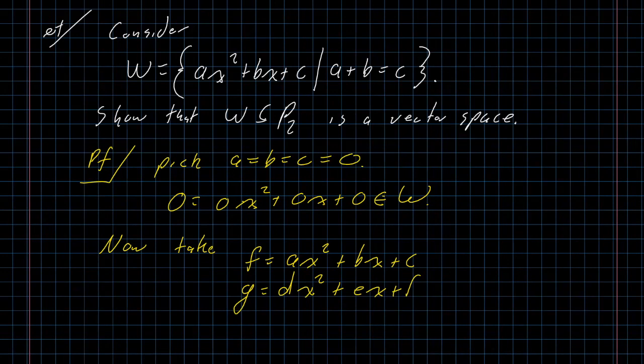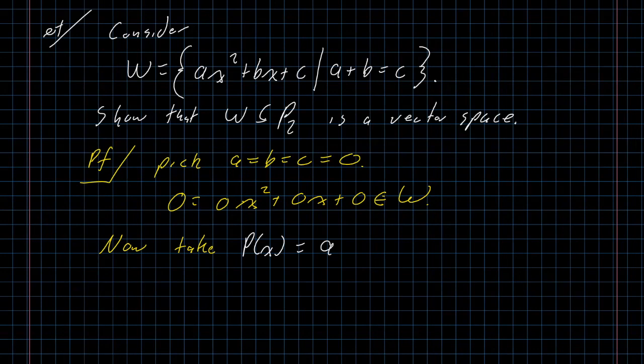Well, that's a problem. I ran out of letters. I should think ahead sometimes. All right, P of x is going to be ax squared plus bx plus c, and Q of x is going to be dx squared plus ex plus f.